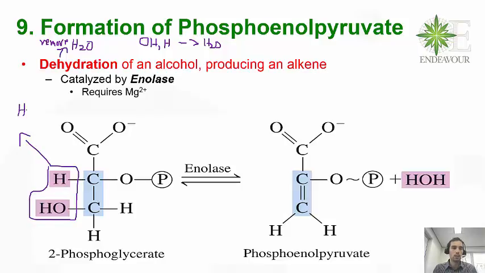By doing this, we change the compound from an alcohol into an alkene, because when we remove that hydrogen and OH from these carbons, they need to form new bonds. So there are new bonding positions available for these 2 carbons.